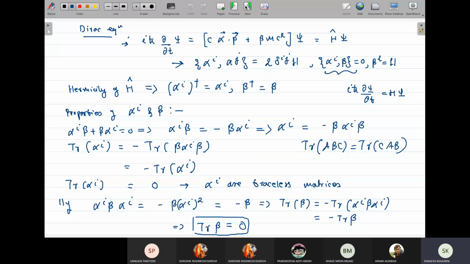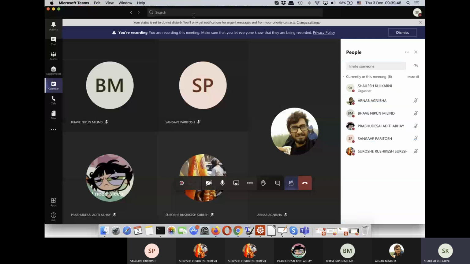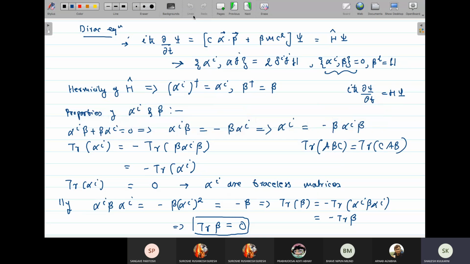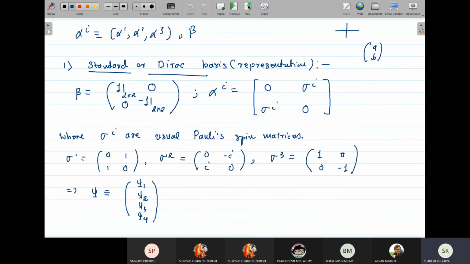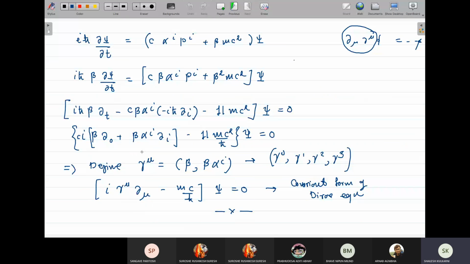So there are certain properties of those 4 matrices that you should know, namely the anti-commutation relation and tracelessness, etc. While writing the Dirac equation in covariant form, we introduced a different version of those 4 matrices, which we call gamma matrices.